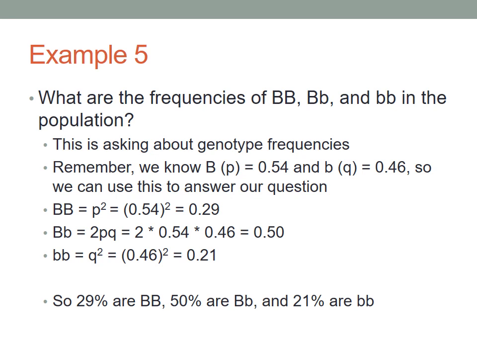So 29% of our population has the genotype big B, big B. It's homozygous dominant. 50% is our heterozygote, big B, little b, and 21% is homozygous recessive, little b, little b. So we knew that most of them were blue, some of them were pink.